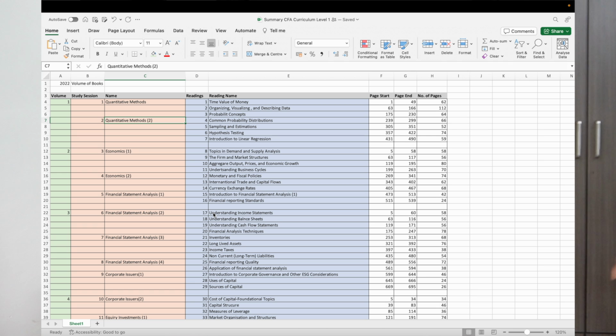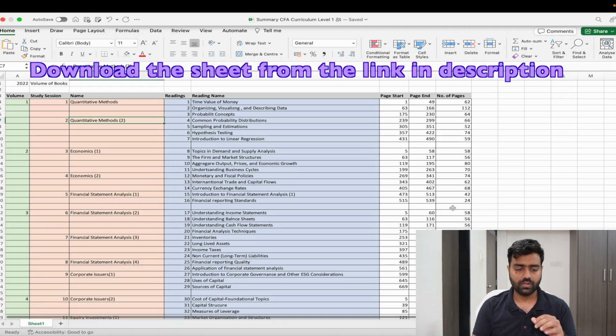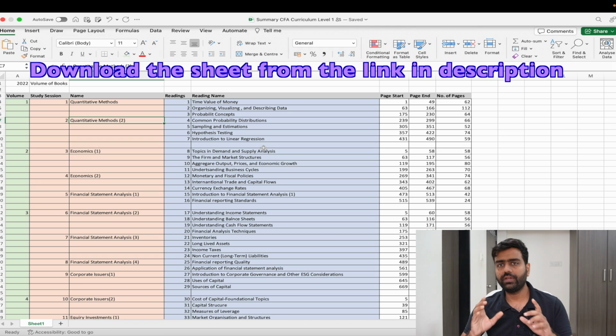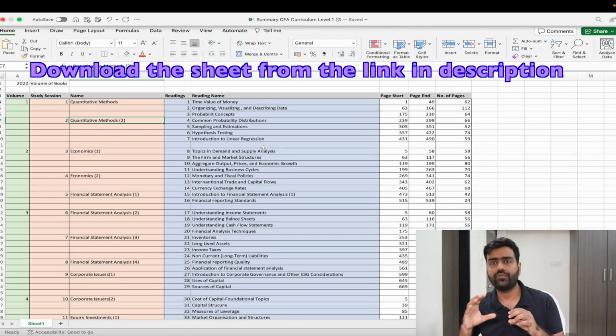These study sessions are covered in my summary sheet to give you a detailed outlook of how these topics are covered. Now in the summary which I have created in the Excel sheet, which you can see right now, each topic is called a study session, and under study session there are readings. So in total there are 60 readings to be covered under CFA Level 1, right?